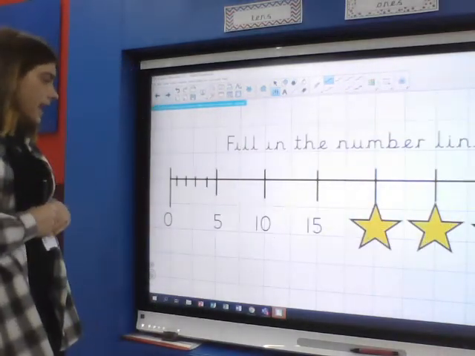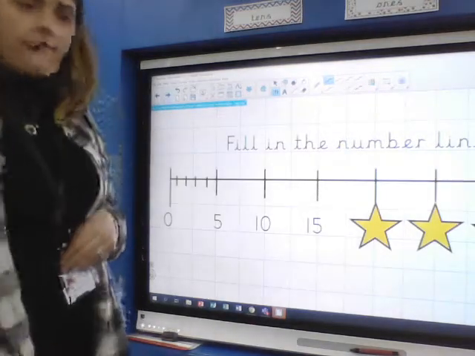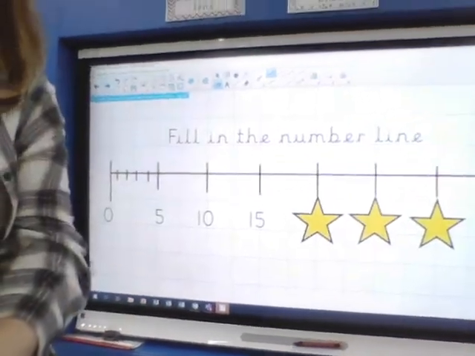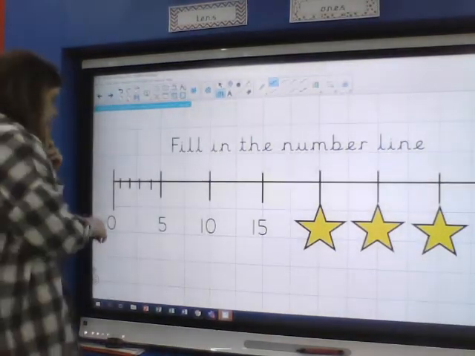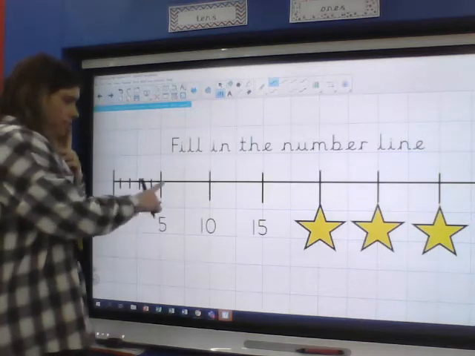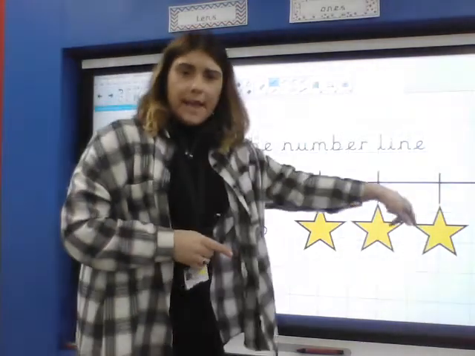Okay, this time then, what am I counting in here? So have a look at my number line this time, and have a look to see what I'm counting in here. So I've got 0, 5, 10, 15, blank, blank, blank.